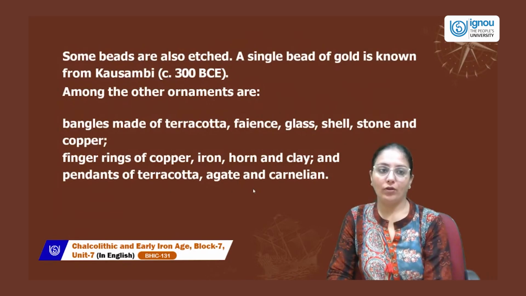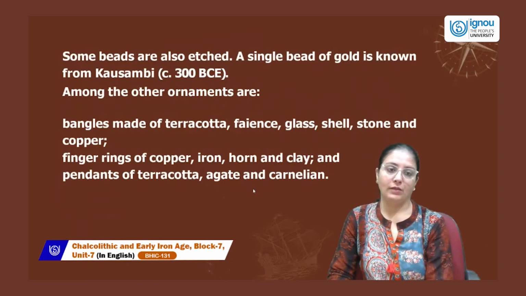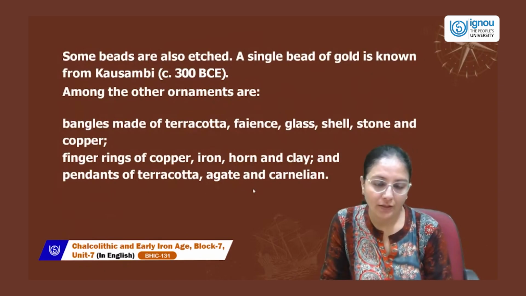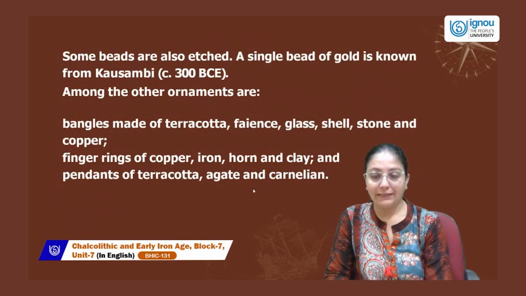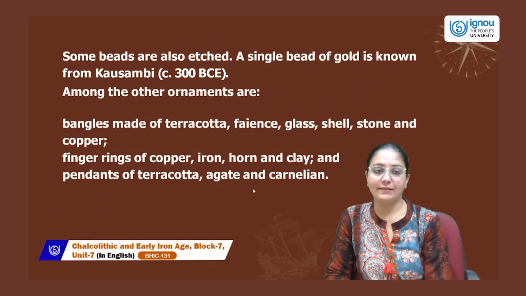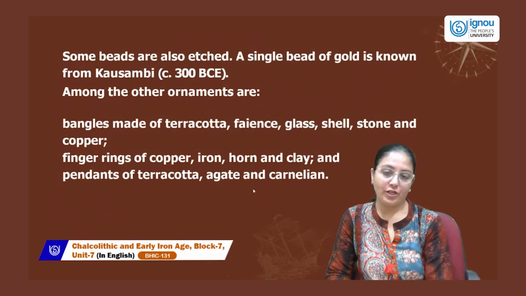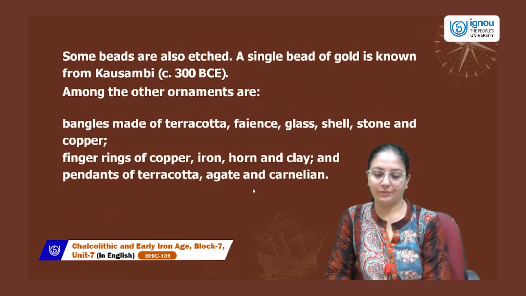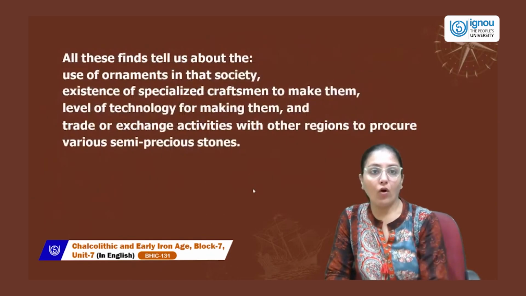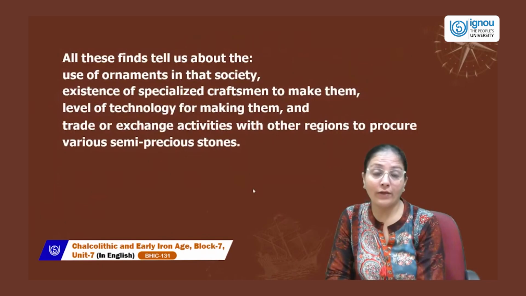Among the other ornaments are bangles made of terracotta, iron, glass, shell, stone, and copper. Finger rings of copper, iron, horn, and clay, and pendants of terracotta, jade, and carnelian. All these finds tell us about the use of ornaments in that society.